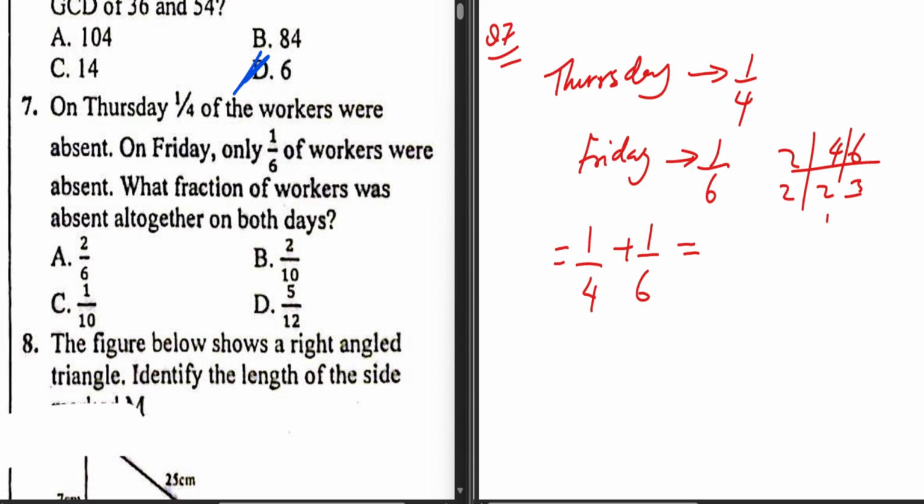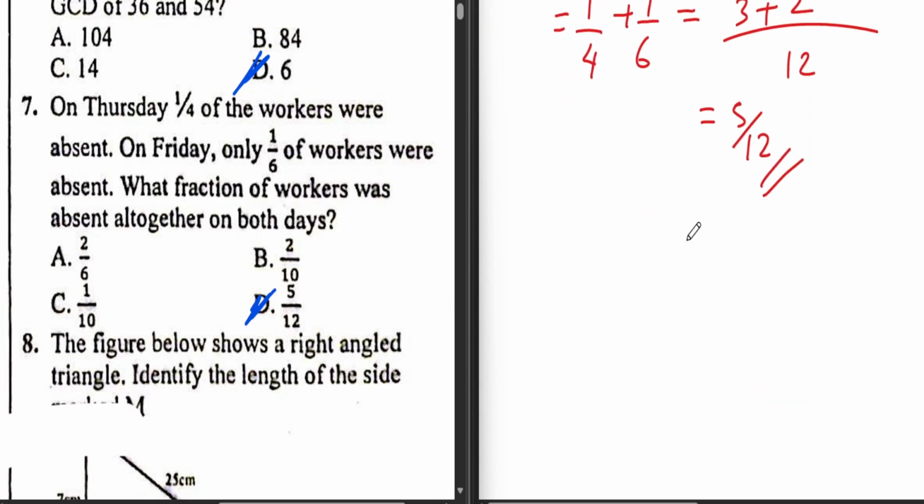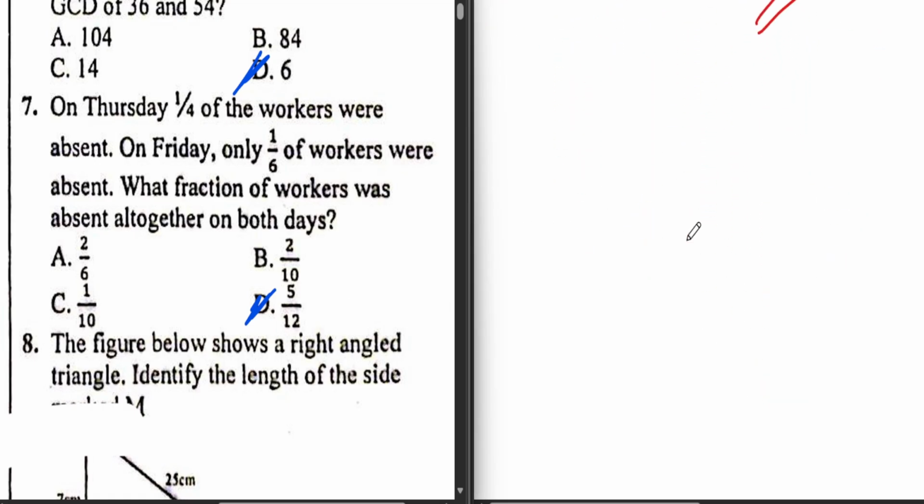Yes, 12. So the LCM of 4 and 6 is 12. So 12 divided by 4 gives you 3. Add to that 12 divided by 6 gives you 2. 3 plus 2 gives you 5/12. So that is the answer. Why is it that easy? Or is there a trick to it? Not sure.